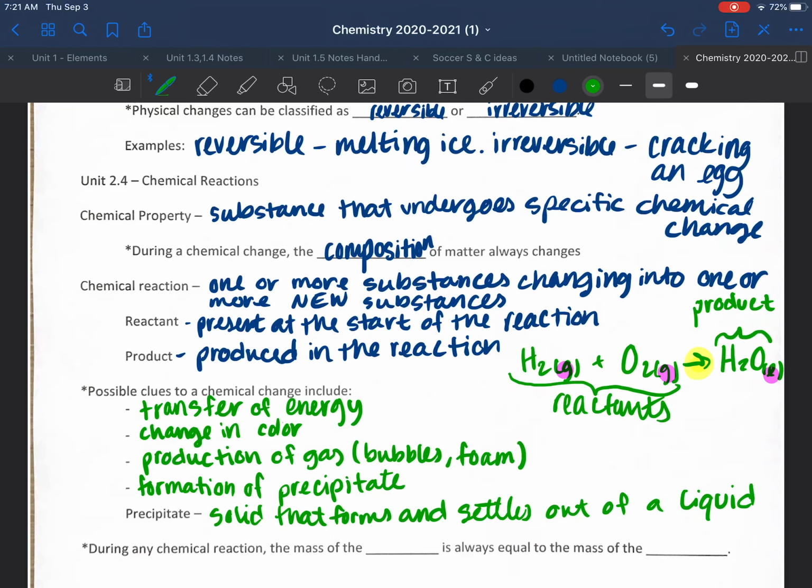And so a good example of this would be if you mix two liquids together and something solid ends up forming and sits at the bottom of whatever container you're mixing in, that is a precipitate.